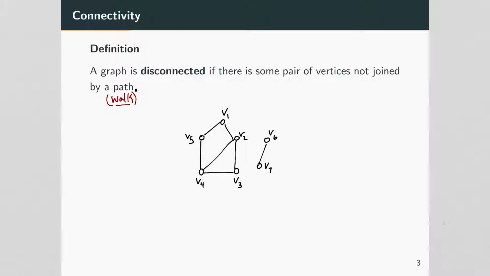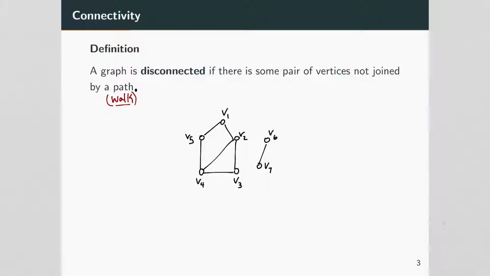So this is a disconnected graph, and each of these pieces is referred to as a component. Visually, our graph has two separate pieces, and there's no way to travel from one to another.